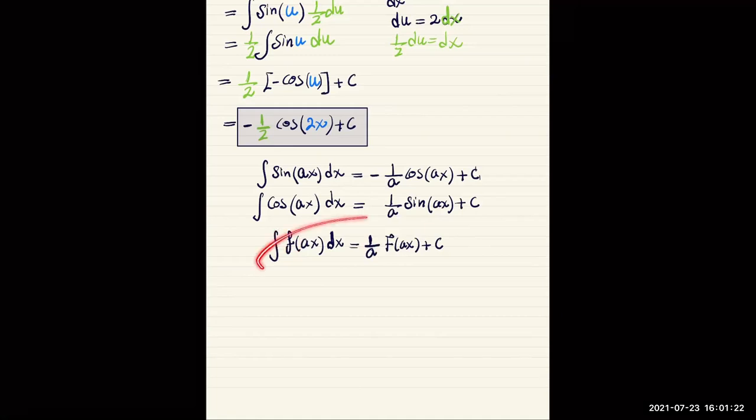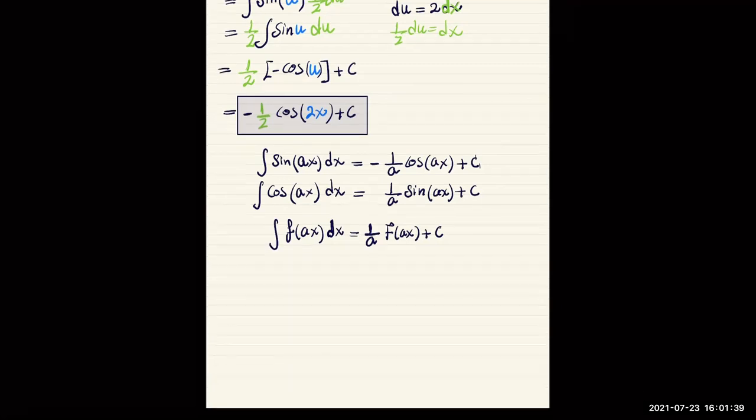Okay, this is always going to hold true, so you can just skip u substitution if you want. It's up to you, or just do the u substitution. Any questions so far?